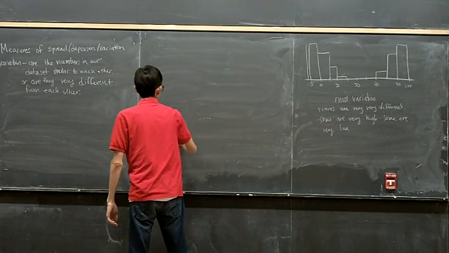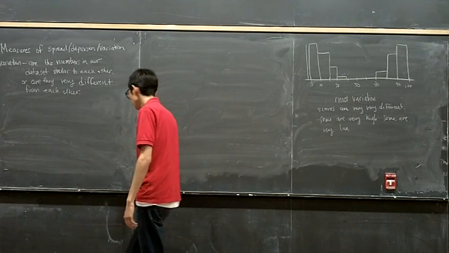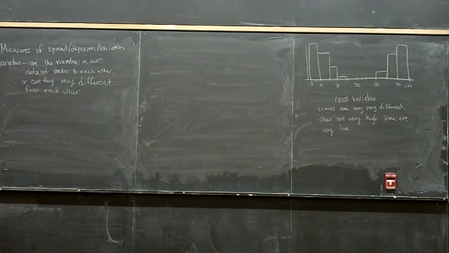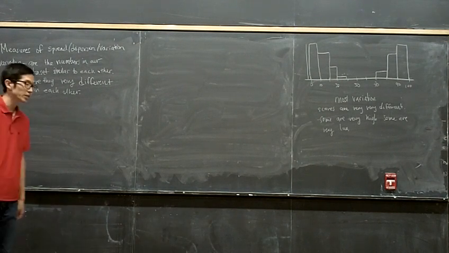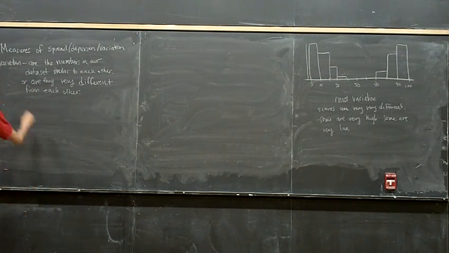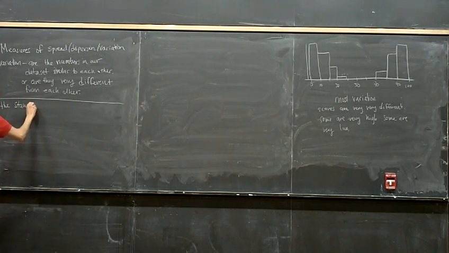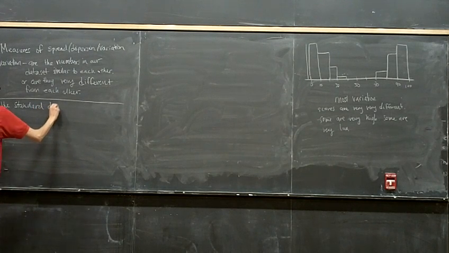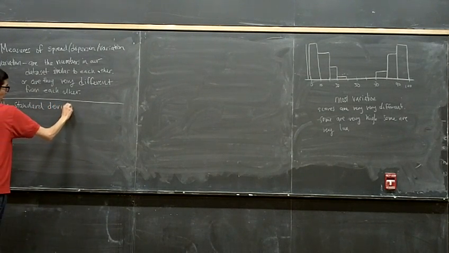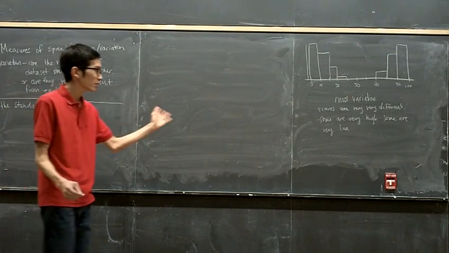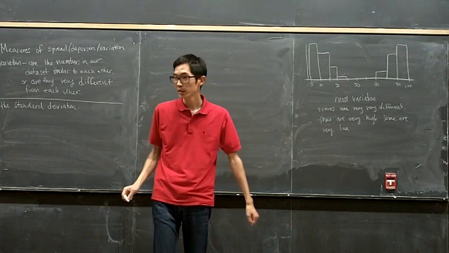One of these ways is called the standard deviation. This is a way for us to measure the variation or the spread in a data set.